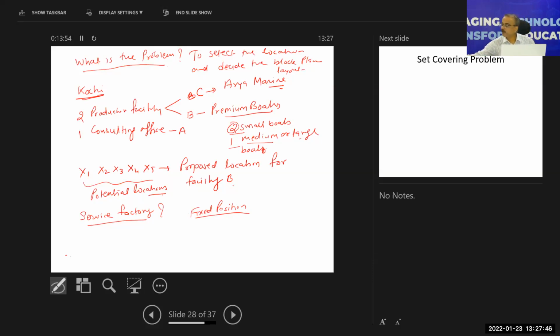Okay, so first we will look at the location decision. So we have discussed different techniques. So what is your comment on that now? Which technique you can utilize?